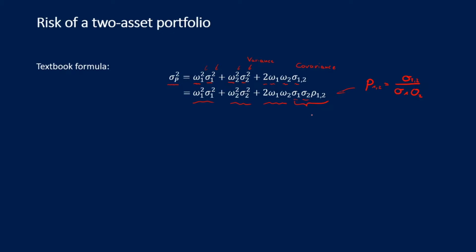Well, where does this textbook formula come from? In nearly all textbooks, it just falls from the sky and no one knows where it comes from. I just want to show where it comes from, so for a better understanding, that's important, I guess. So, the variance of the portfolio can be defined the same way as we define the variance of a stock, by its value or by its return, or the variance of its return, of course.